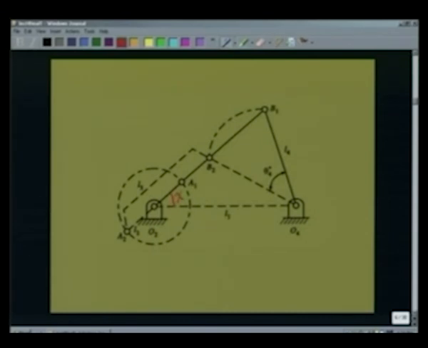So, considering the triangle O2, O4, B1, I can write L4 squared is L1 squared plus L2 plus L3 whole squared minus twice L1 into L2 plus L3 cosine of the angle chi.